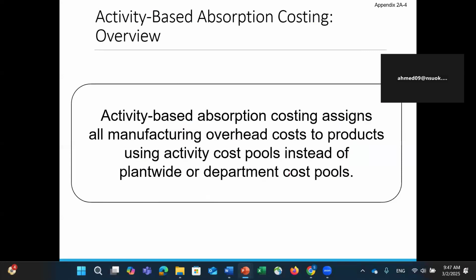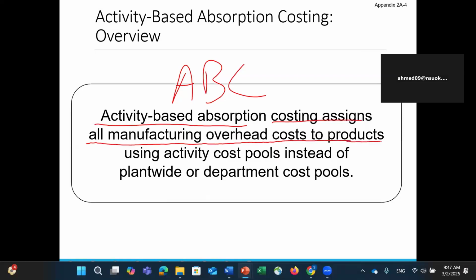Okay, so the activity-based method, the ABC method, assigns all manufacturing overhead costs to products using activity cost pools instead of plant-wide or departmental ones. When we say plant-wide or departmental, who uses that method?